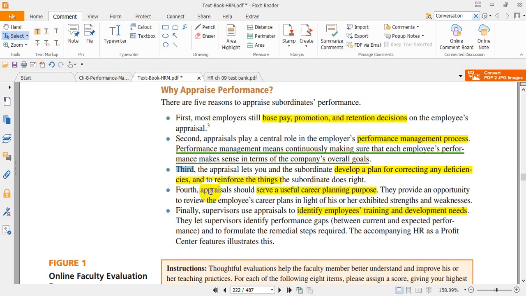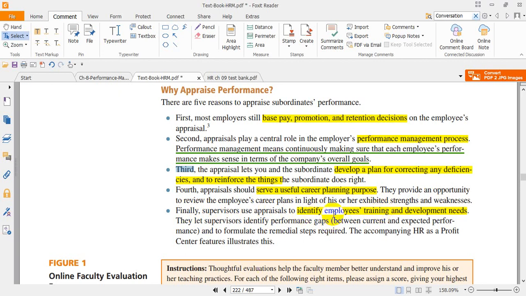The fourth reason, appraisals should serve a useful career planning purpose. They provide an opportunity to review the employee's career plans in light of his or her exhibited strengths and weaknesses. The fifth and last reason, supervisors use appraisal to identify employees' training and development needs.